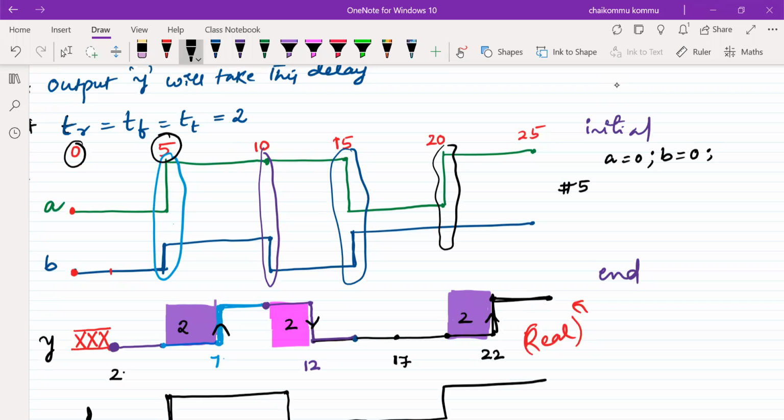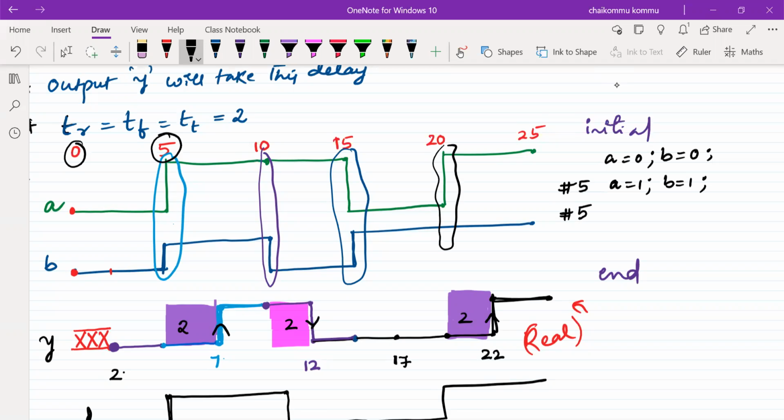What about A then? A becomes 1, B becomes 1, right? Now there is a change observed again at 10 nanoseconds of B only. A is the same. So what is the suitable statement? Another 5 nanoseconds means 10 nanoseconds only.